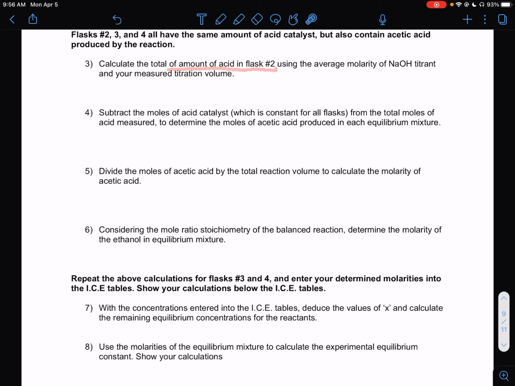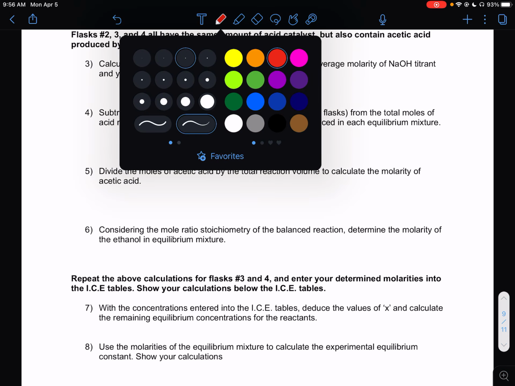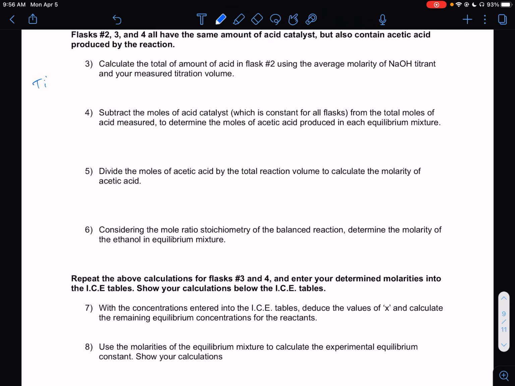And the way we're going to do this, and we'll have to do this for flask 2, flask 3, and flask 4, we're going to get this from our titration data. So all of this is based on our titration. And so what we're going to do is use the average molarity of sodium hydroxide, which is going to be different for everybody, for each class, and then your data in the titration.